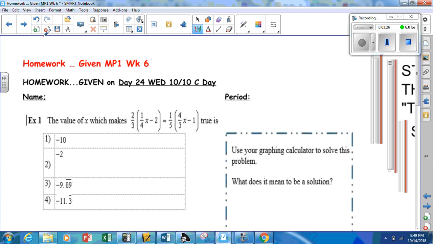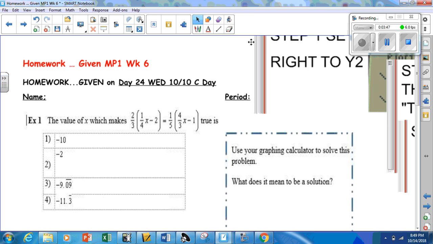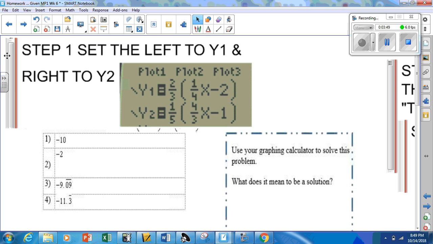All right. Let's consider our next problem. The value of x that makes the left and the right side equal. Which value? Is it number 1, number 2, number 3, or number 4? We've done boxes and circles. Well, now let's use our graphing calculator.